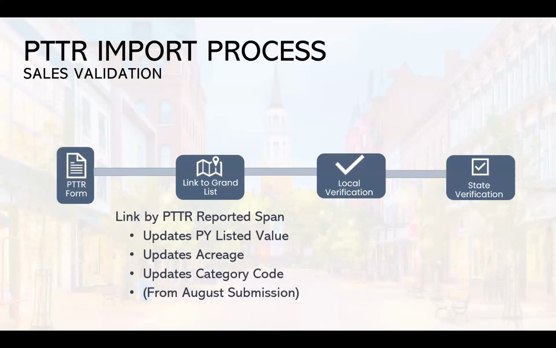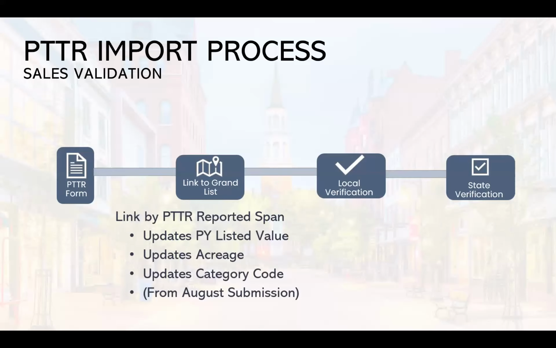We expect to have that in by about February. So you will still be able to log into MyVTax and get at those PTTRs if you need to. But moving forward, we will have all of that information. So as you're looking at a sale, you can view the whole PTTR within the application. So happy that your DAs were looking out for you, and we're going to get that information to one spot.